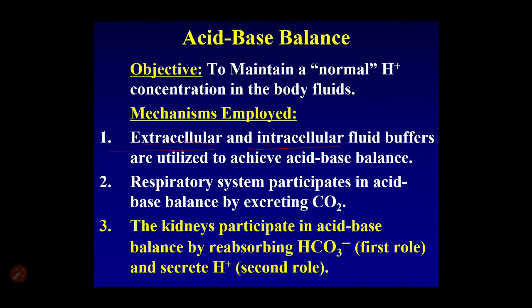So that can stimulate or inhibit depending upon how much PCO2 I have or how much CO2 I have. So therefore my respiratory system can participate in controlling the amount of H plus or maintaining a normal H plus in my body fluids. The kidney participates in acid-base balance by doing what?